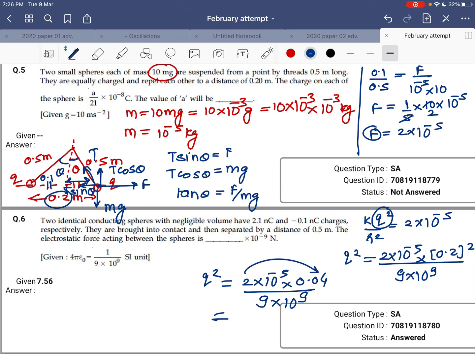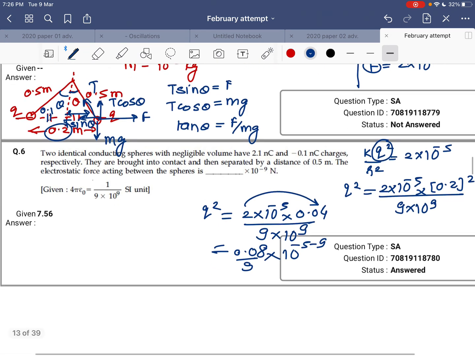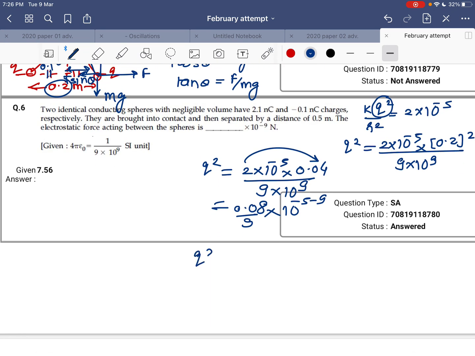So 2 4s are 8, 0.08 upon 9 into 10 to the power minus 5 minus 9. So Q square is equal to 0.08 upon 9 into 10 to the power minus 14, and I will write this as 8 upon 9 into 10 to the power minus 16.